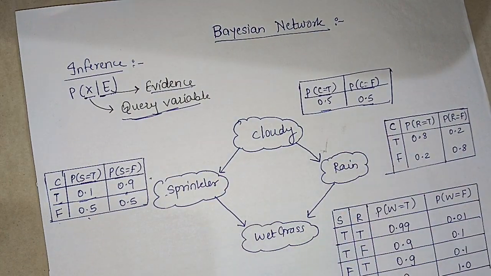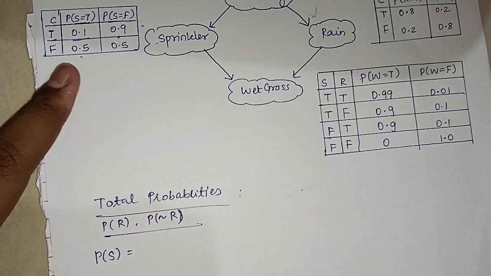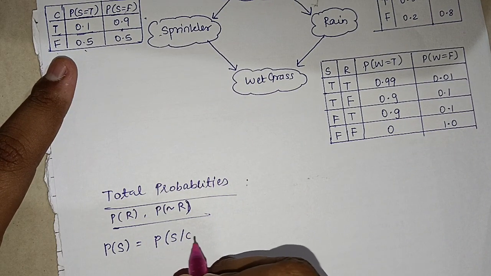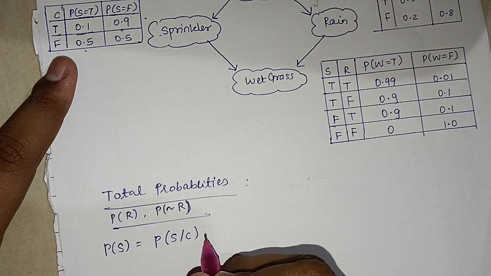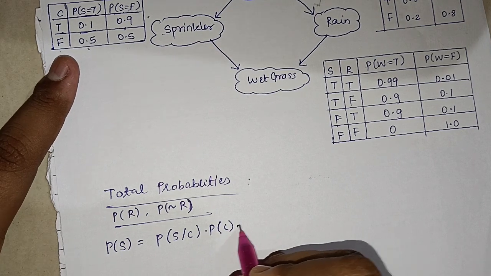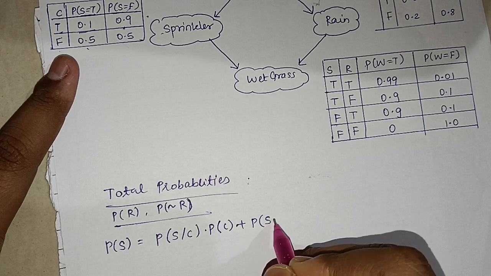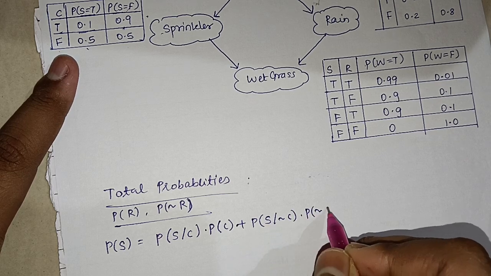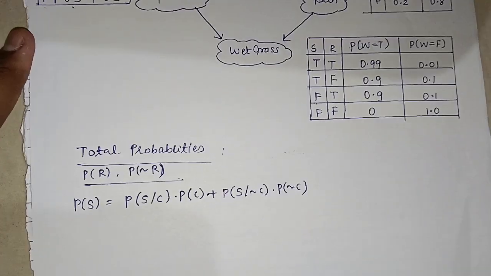So it is P of S given C is true into P of C, plus P of S given C is false into P of negation C. We have to find it in this way.